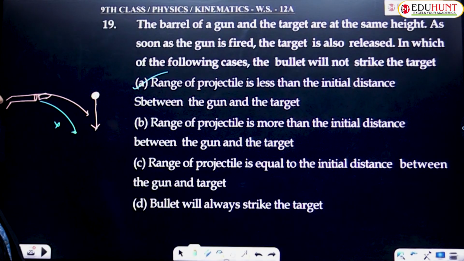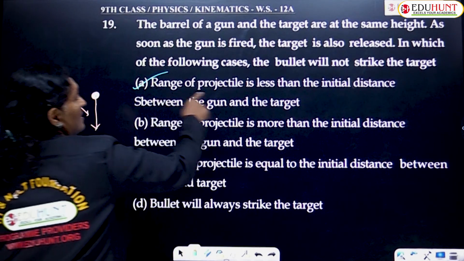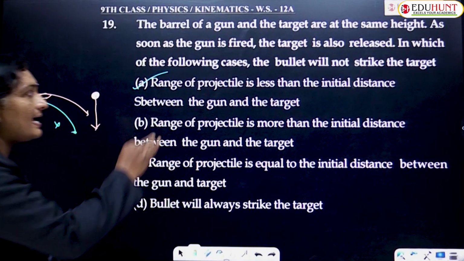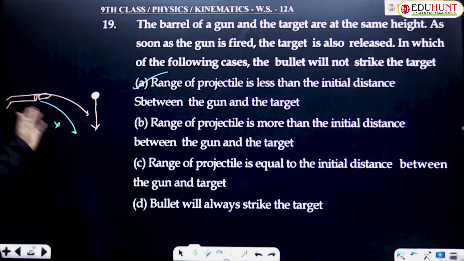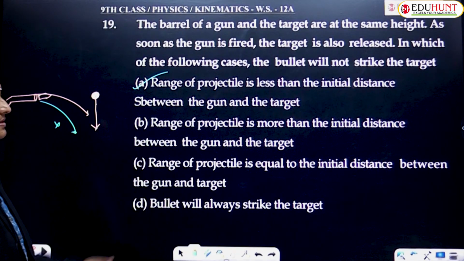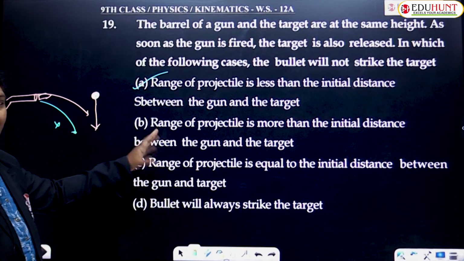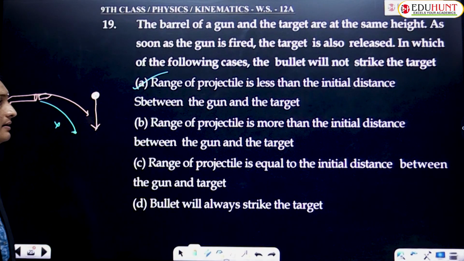We can't judge. So the bullet will not strike the target whenever the range of the projectile is less than the initial distance between the gun and the target. It can't at all strike it. Is that clear, children? Always we cannot say, but in both of these other cases there is a possibility that the bullet can hit the target.